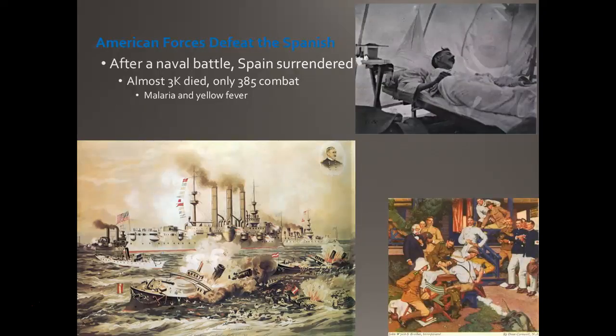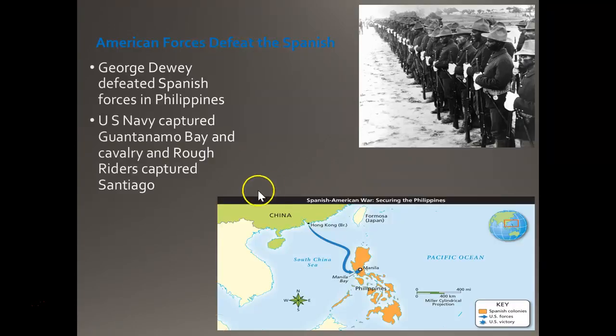After this time period, where we have the naval battle, basically the fight on the mainland was just a few months. If I remember right, I think it was 3. But when we have the capture of Guantanamo Bay, and the cavalry and Rough Riders go into Cuba, it definitely has an impact on that.